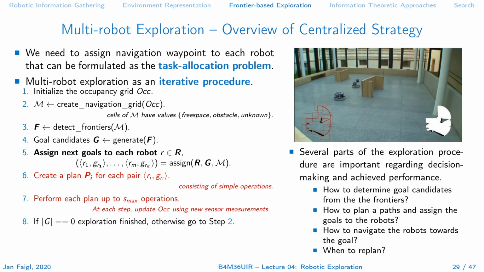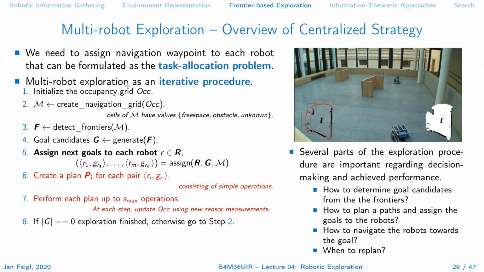So for simplicity, we have the centralized strategy. It is a task allocation, and you can see here probably two robots. It's again an iterative procedure.